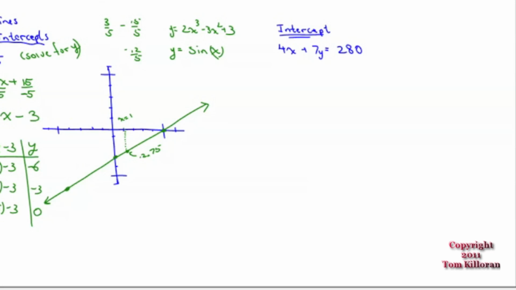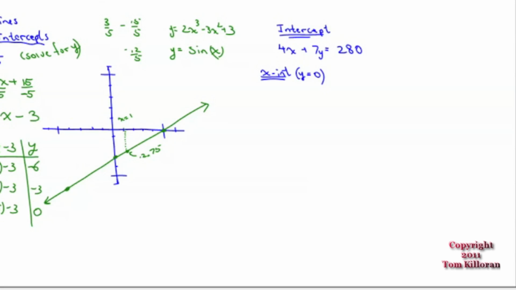Makes life easier. So how do you find the most important intercept, which actually is the x-intercept? Solve for y. When you're looking for an x-intercept, you're going to let y equal 0.